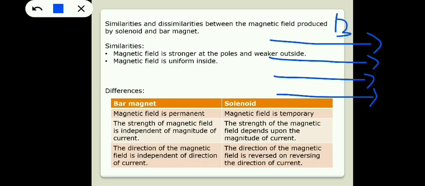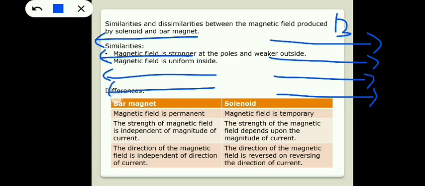In this particular case, this magnetic field acts from this point to this point, that means from left to right. At the same time, this also represents a uniform magnetic field, but here the direction is towards left. Okay, so this is the way to represent a uniform magnetic field.